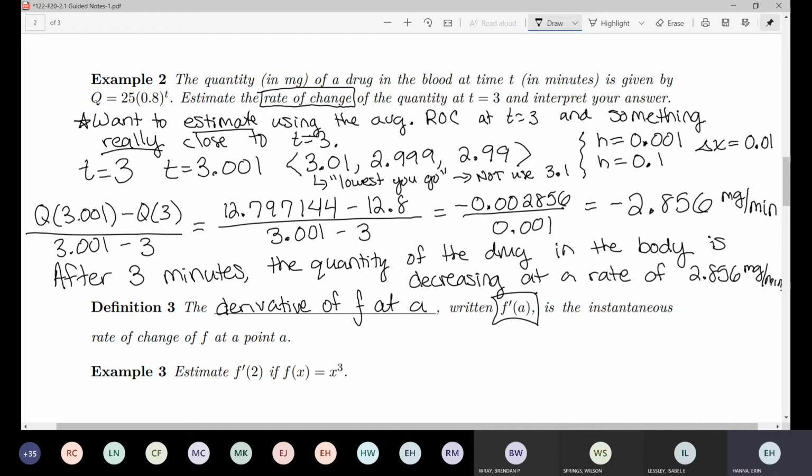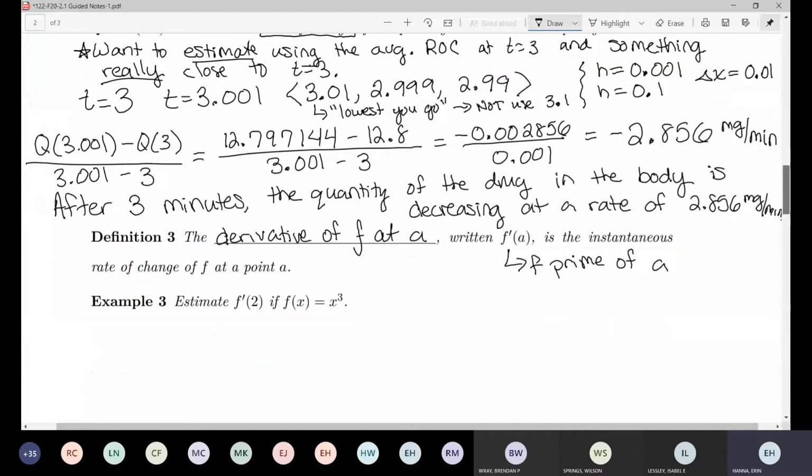If I say the derivative of f at a, that's going to mean the exact same thing. The derivative at a point is the same thing as the instantaneous rate of change at that point. So they're equivalent definitions here. This little piece of notation here, we would read this as f prime of a. And let me get rid of the box. But that's how you would read that notation, f prime of a.